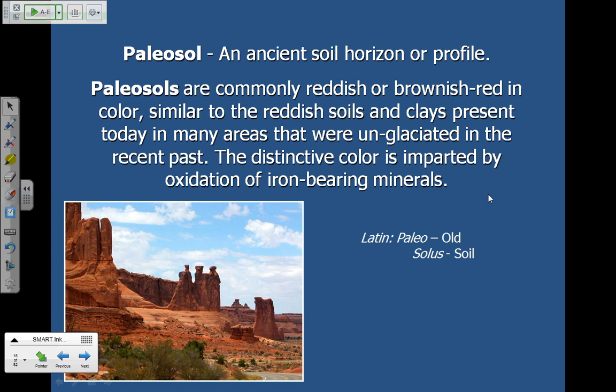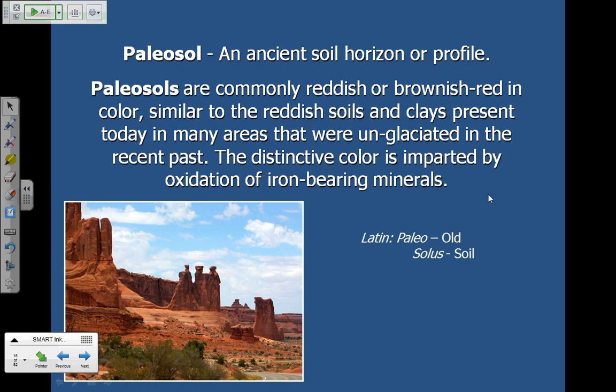So, paleosol, an ancient soil horizontal profile. If we think about it, we've got a surface out here, right? We've got soil covering the quad out here. Now, if we were to bring in a bunch of sediment and cover it up, we could actually preserve that layer. And that's what we're talking about here, a paleosol. They're commonly reddish or brownish red in color.